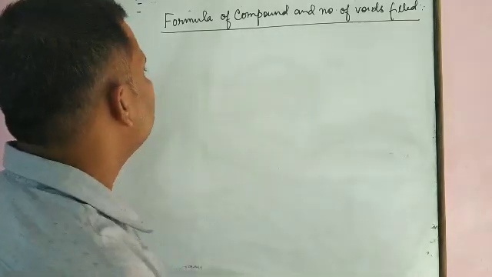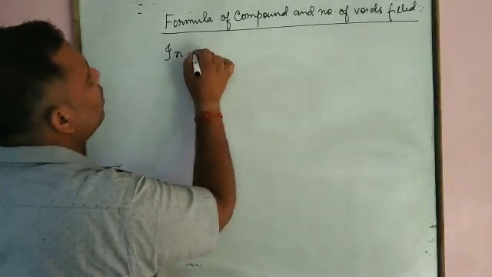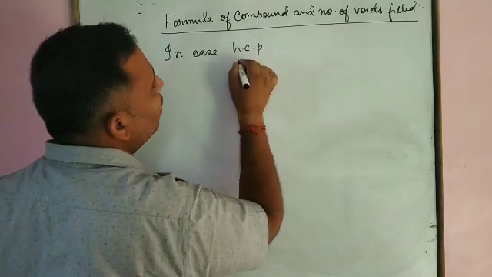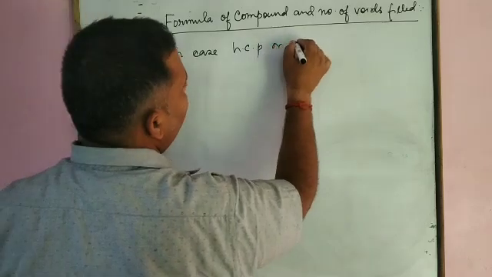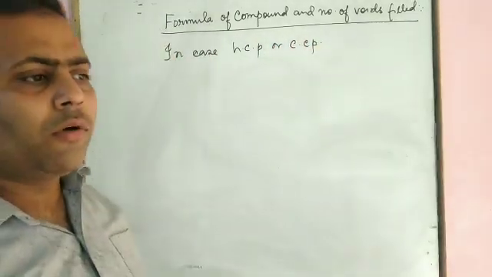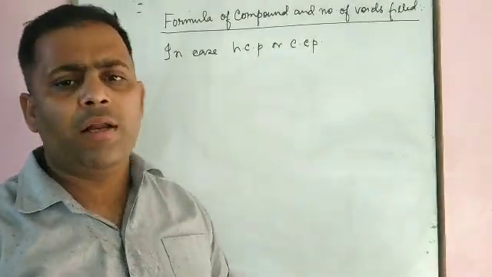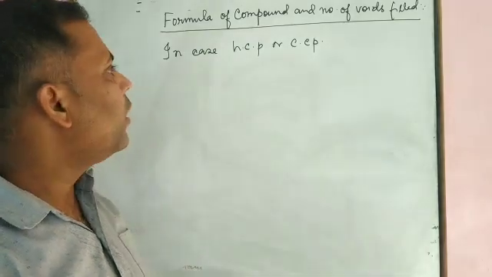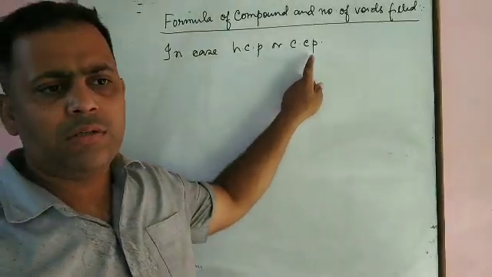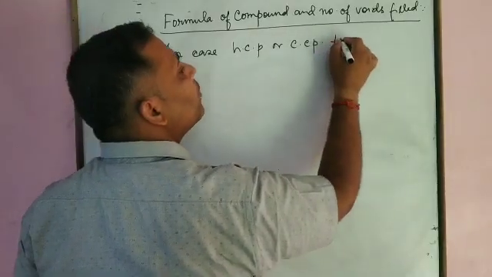As we have discussed, in case of HCP, hexagonal close pack structure, or cubical close packing structure, two types of voids are created, octahedral and tetrahedral.